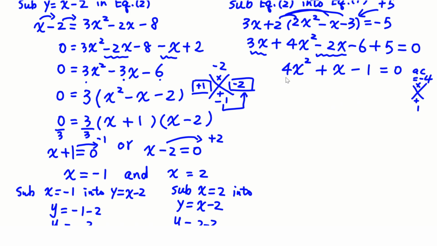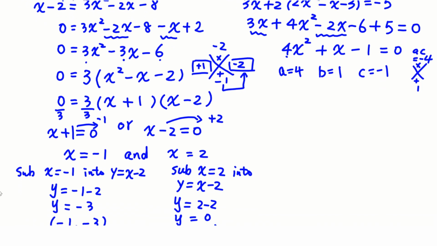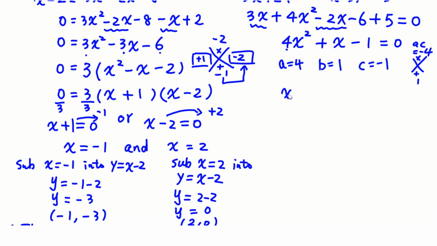So we are going to use the quadratic formula. So compare it with standard form. A is 4, the number at front of x squared. B is 1, no number written means you have 1 there. C is -1. Then the quadratic formula is x equals -b plus minus square root of b squared minus 4ac, all over 2a.